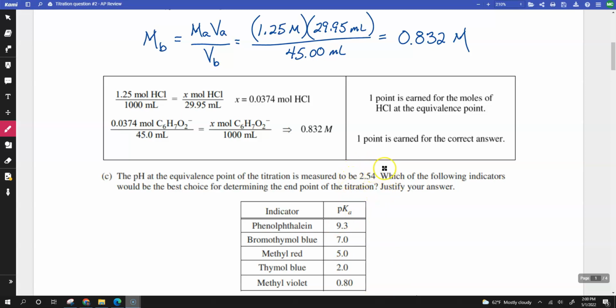So the pH at the equivalence point, that is what we're focusing on right there. Okay, now 5.0 might be a good choice because it might alert you that you're approaching 2.54, but keep in mind that if you have an indicator that's close to 2.0, you will start to see remnants of this indicator appear and then disappear.